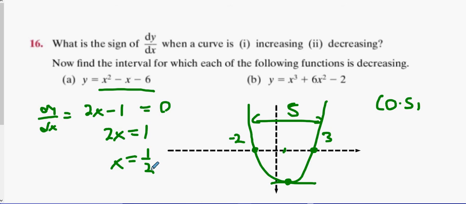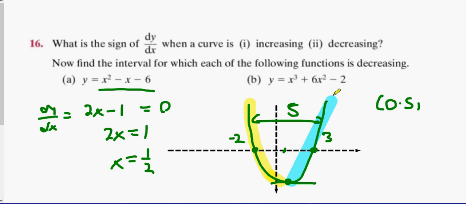Alright? Next, would everybody agree that for this yellow part here, the function is always decreasing? And would everybody agree that for this side here, the function is always increasing? Does that make sense?